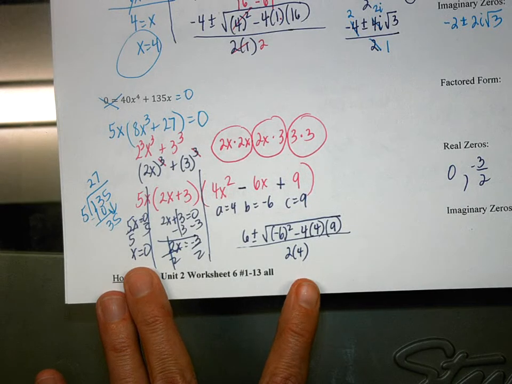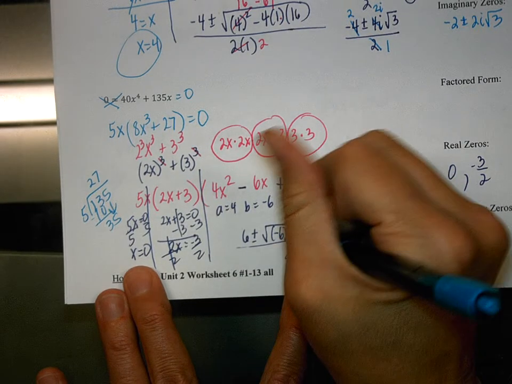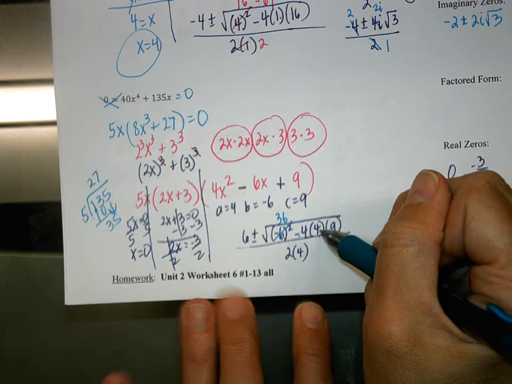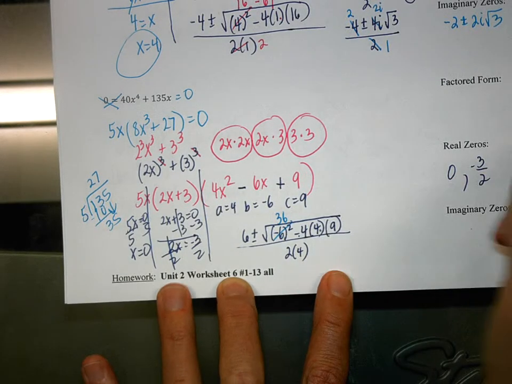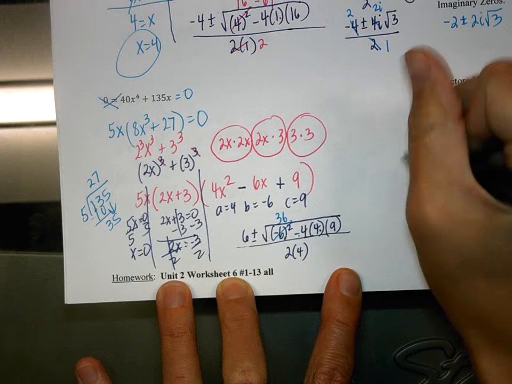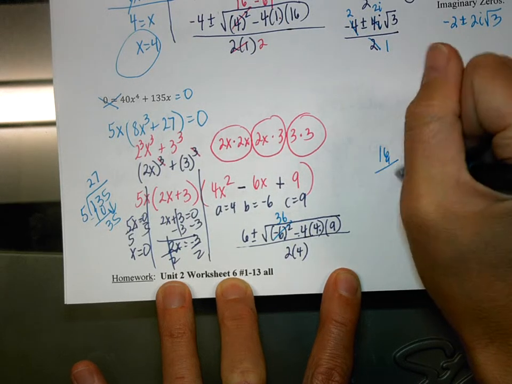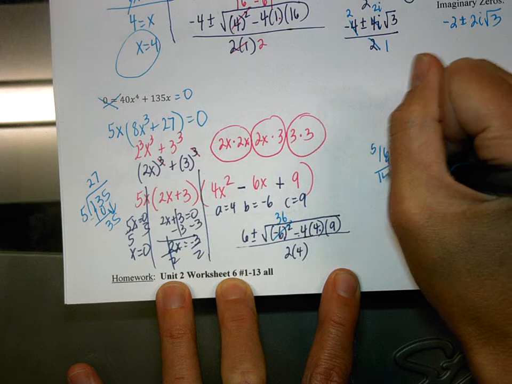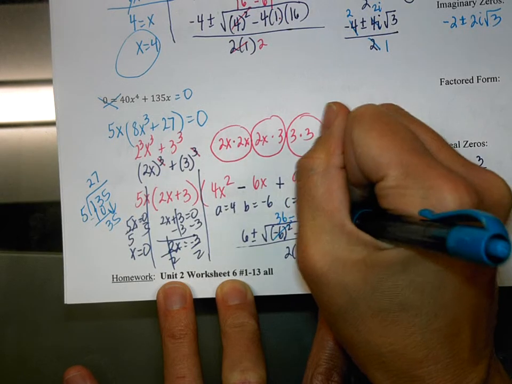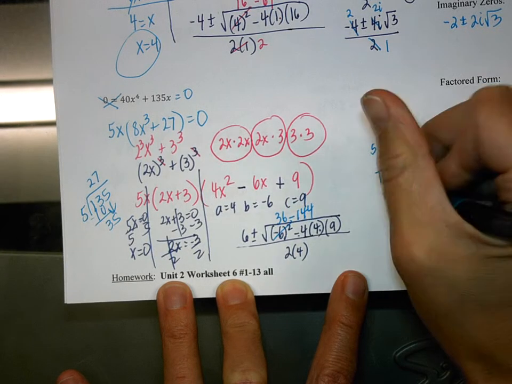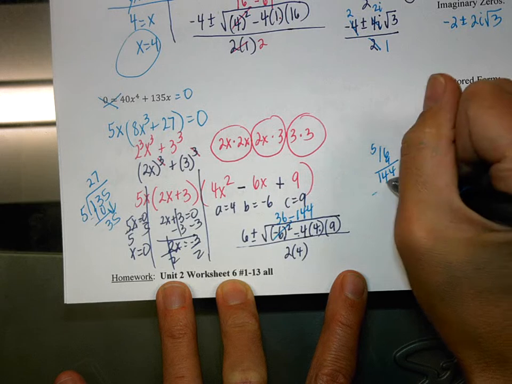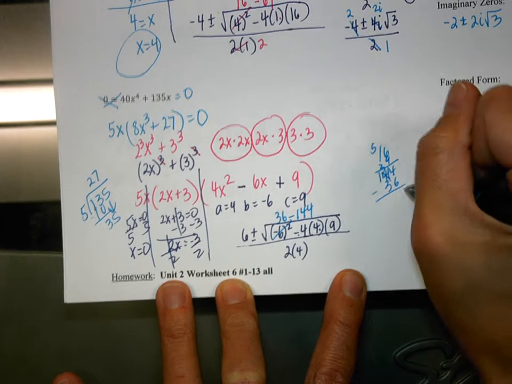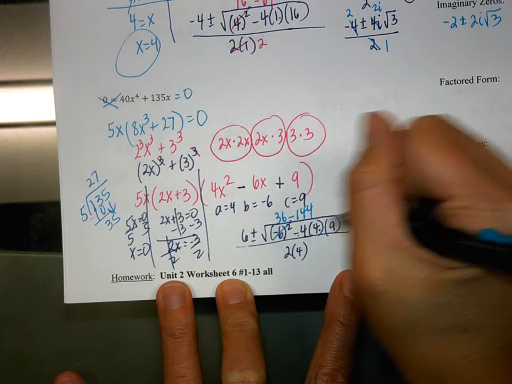So as we go through this, negative 6 squared is 36. When we multiply, negative 4 times 4 is 16, and then we need to multiply 16 times 9, which is 144. And so we're going to subtract 144, and 36 minus 144, we end up getting 108, or actually negative 108.